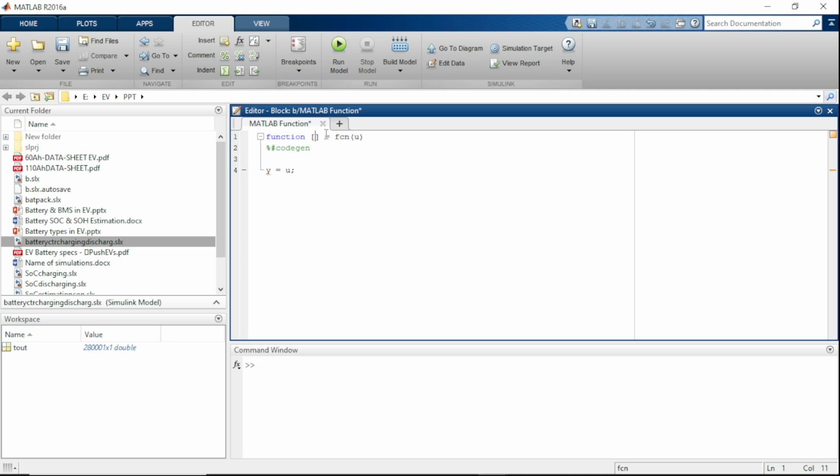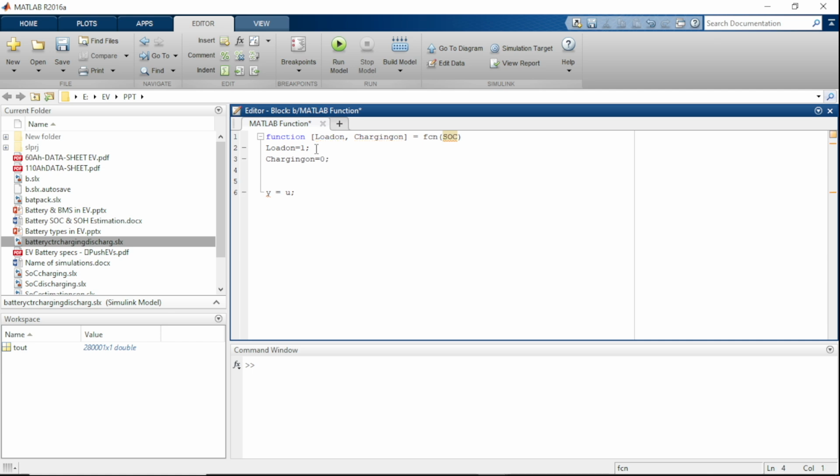So I am taking load on and charging on, and the function will be the SOC, because based on that SOC we decide whether battery power is supplied to the load, or battery 2 charges battery 1. I am taking load on equal to 1 and charging on equal to 0.